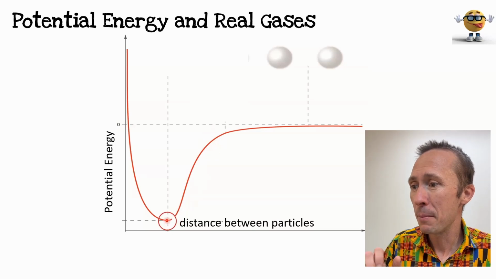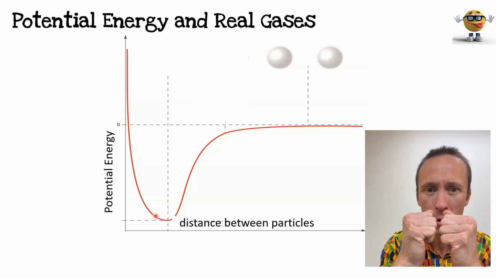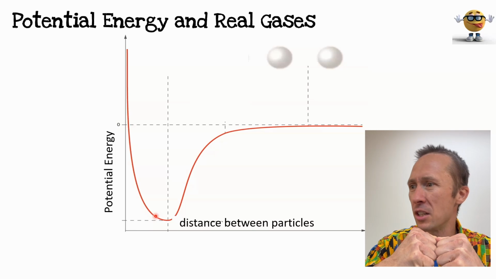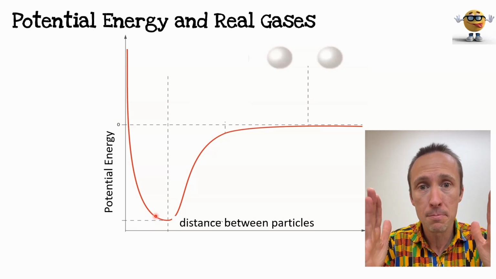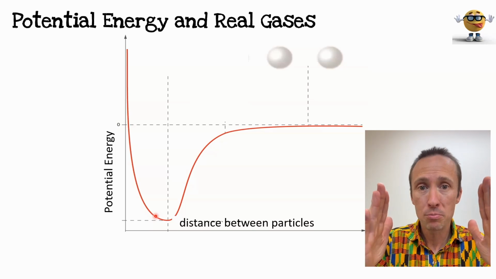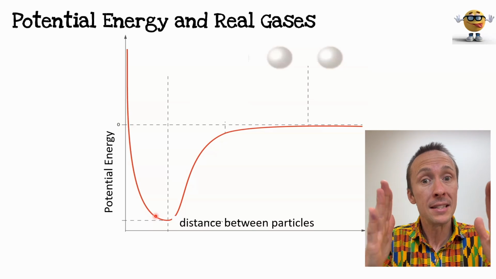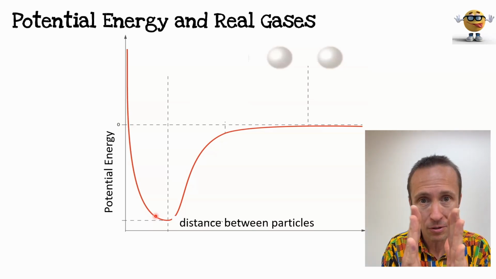But then there gets to be a point where they're at that sweet spot, and if they get too close together, they're getting crowded, and you're almost trying to push them on each other, and it takes a lot of work to do that. Think of compressing a spring. When a spring gets compressed, then its potential energy goes up. It takes a lot of energy to compress a spring, right?